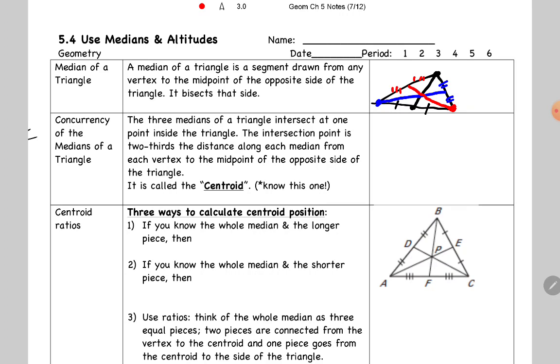Their intersection is called the centroid. And the centroid has some properties.